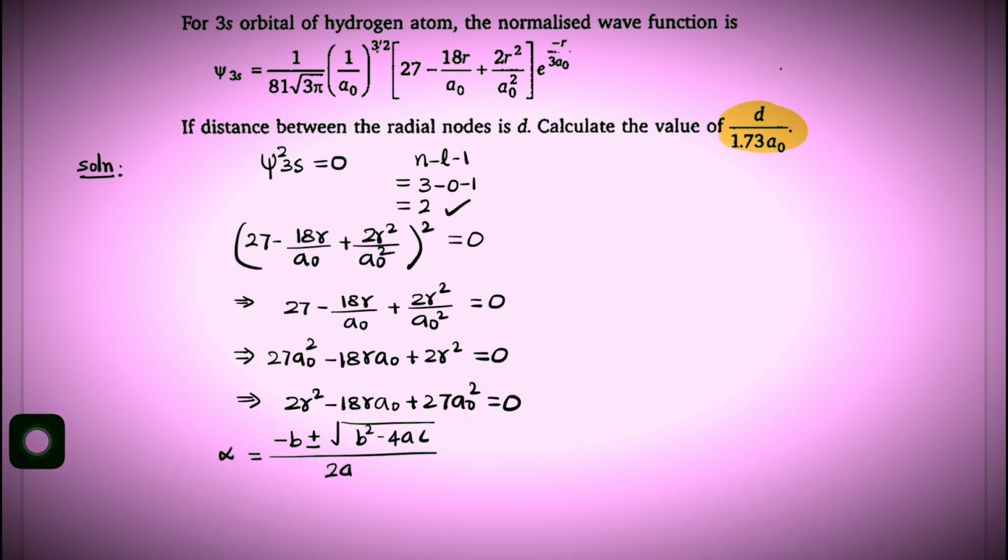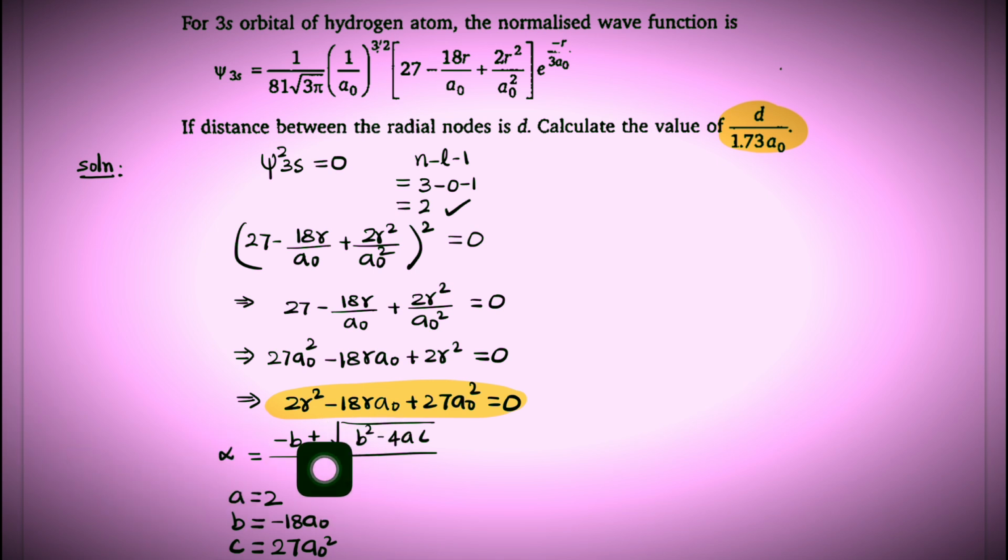Let's see if you have a basic idea of the quadratic equation. Here a is the coefficient of r square, that is 2. b is the coefficient of r, that is minus 18 a naught, and c is the constant term, 27 a naught square.